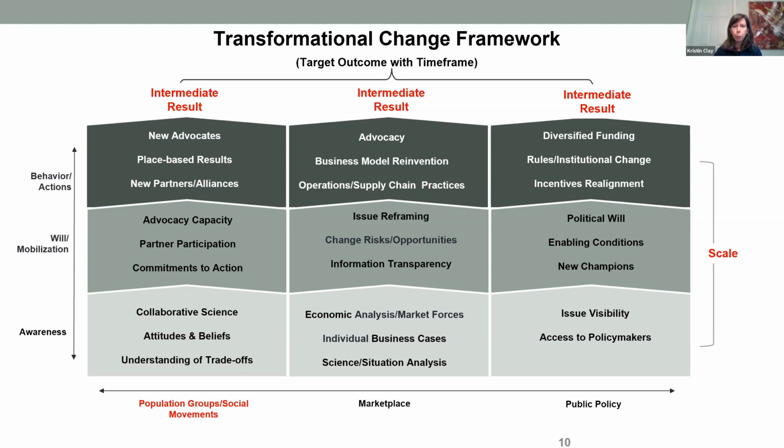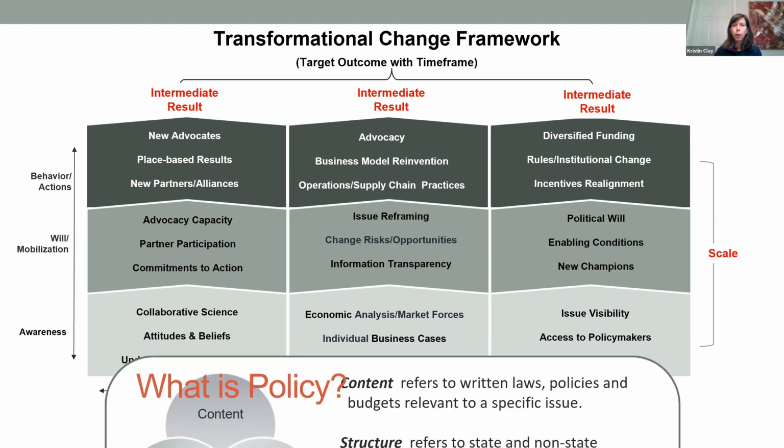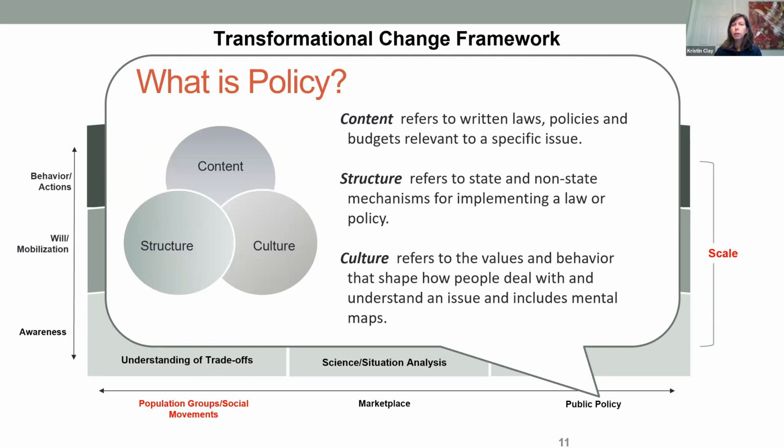Okay, a little bit more orientation to this. Public policy is also something we think of as a system, in that policy has many parts. This can cover the more basic written laws, things we think of as policy, and written agreements, but it's also important to think about the structure.